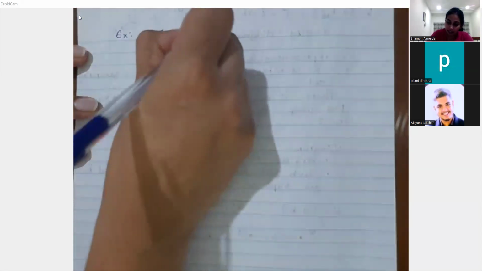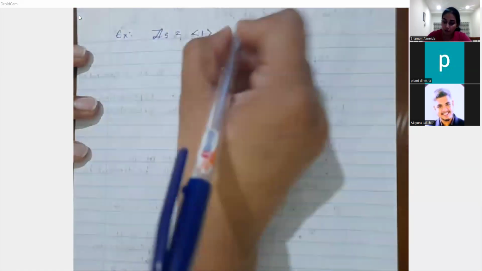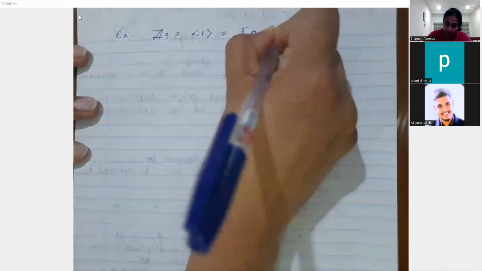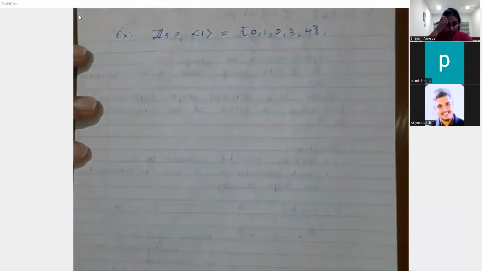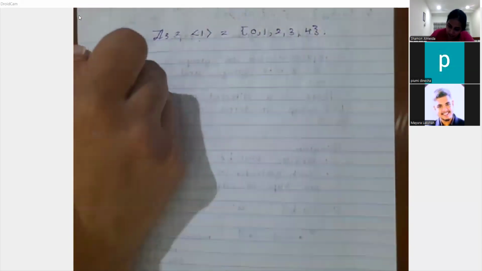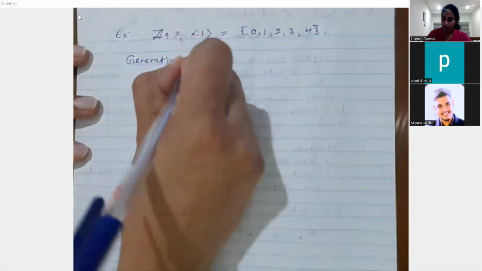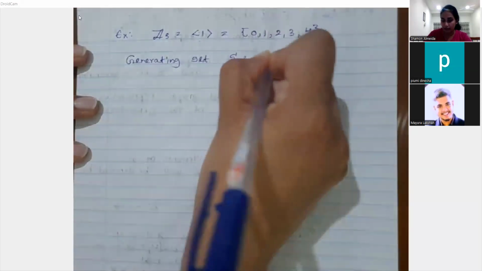Let's take Z5, which is generated by 1, right? So now in the generating set, we have only one element. The elements are 0, 1, 2, 3, 4. What is our generating set? Generating set S contains only one element.